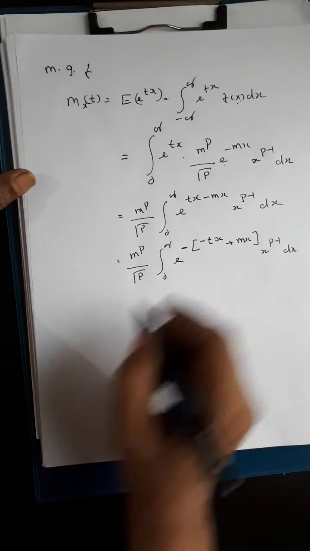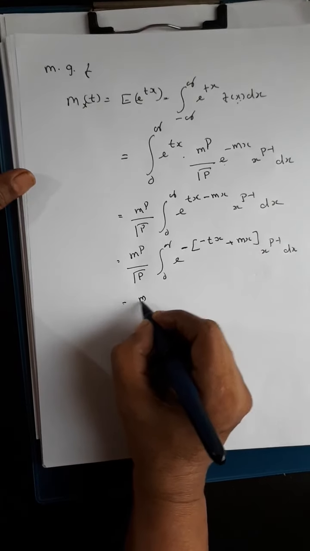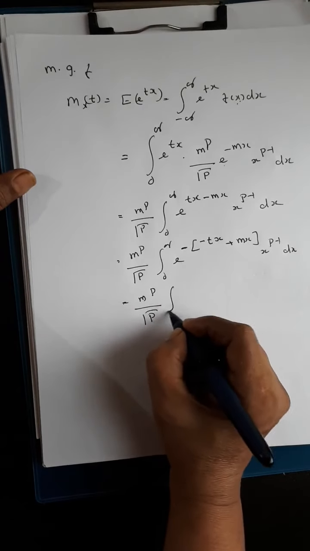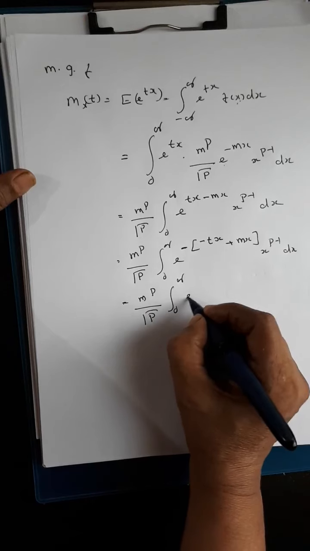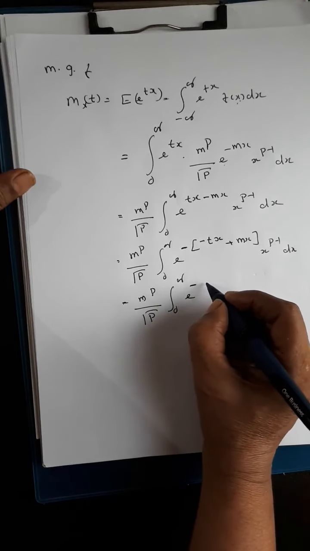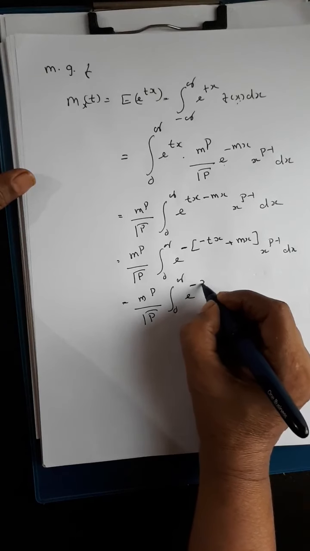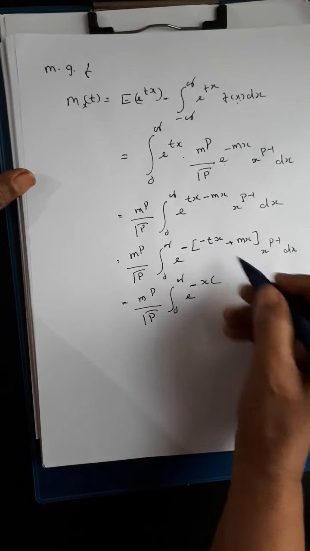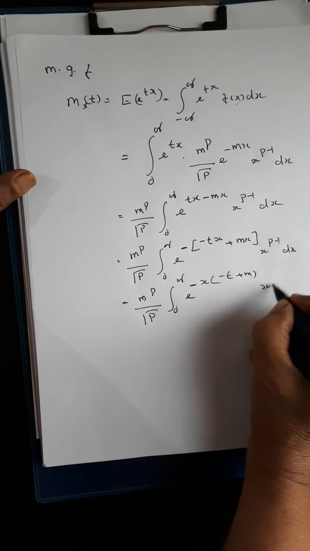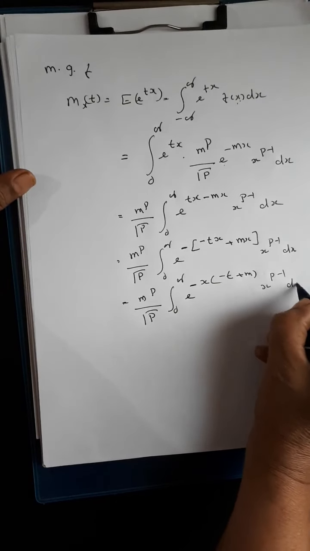So we can take x also outside. m raised to p divided by gamma p, integral 0 to infinity e raised to minus of x into minus t plus m, x raised to p minus 1 dx.